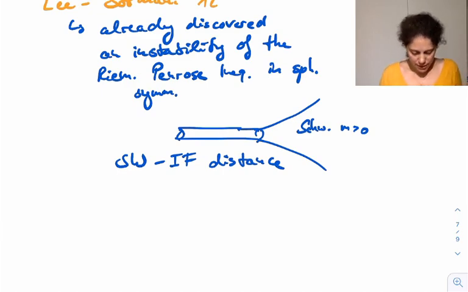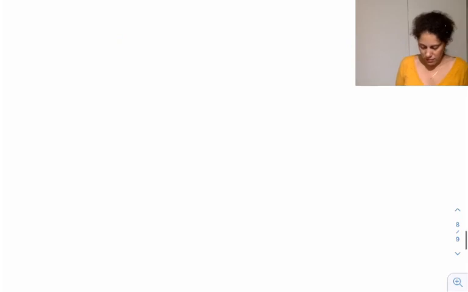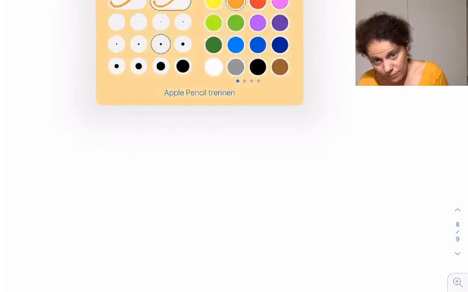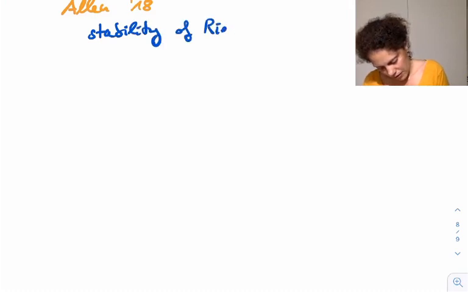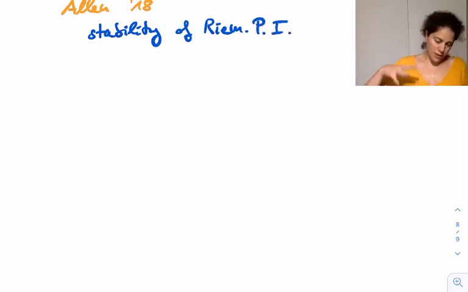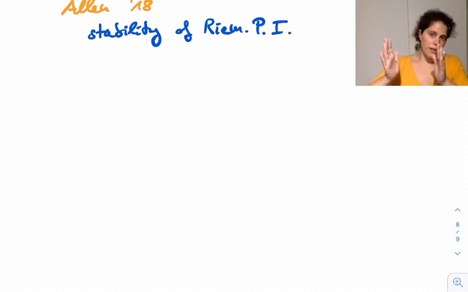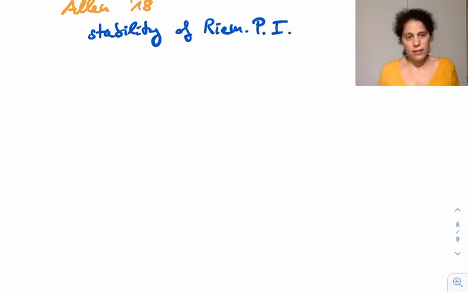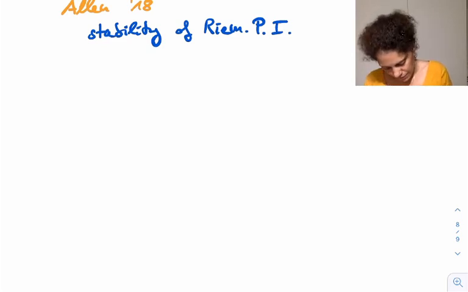Another result I would like to relate our result to is the result by Brian Allen from 2018, who proves stability, in this case, of the Riemannian Penrose inequality under an assumption, which is that the piece of the manifold he looks at is uniformly foliated by a smooth inverse mean curvature flow.